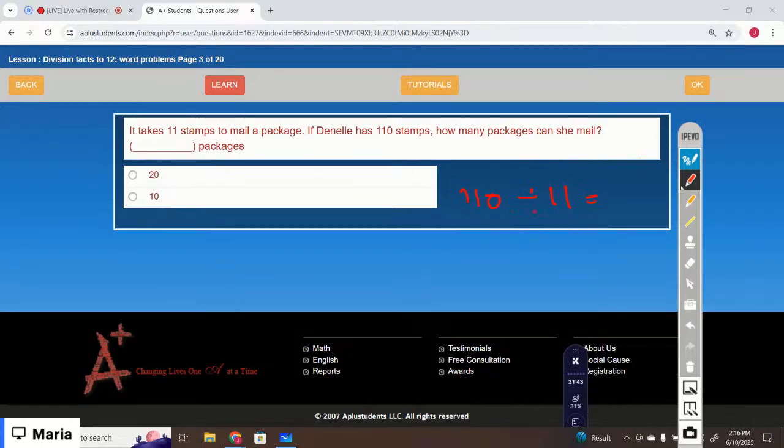So which is the correct option? 110 divided by 11 is 10. Option number 2 is the correct option.